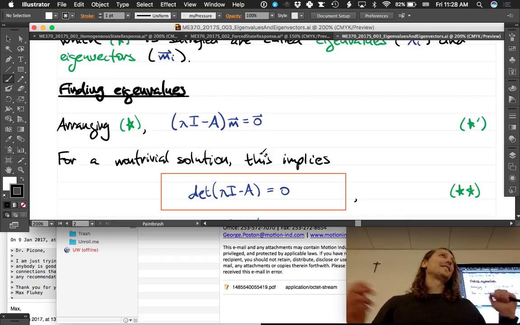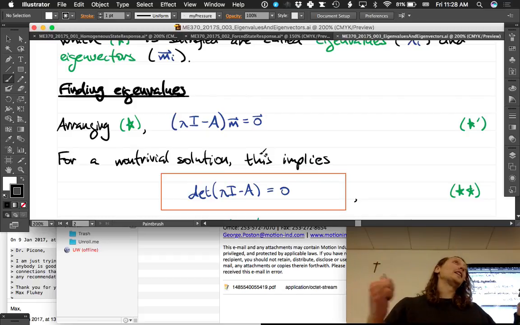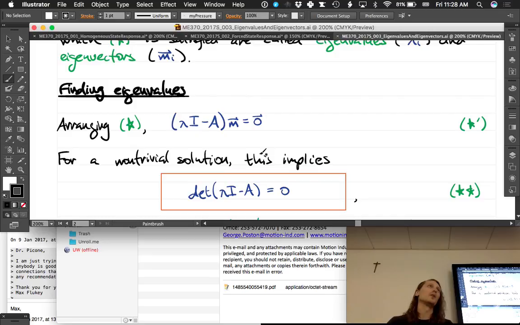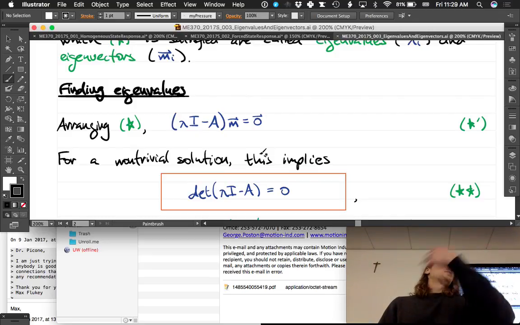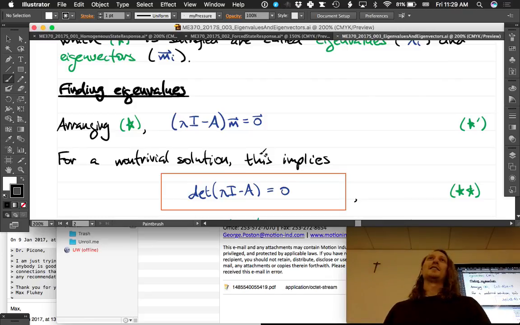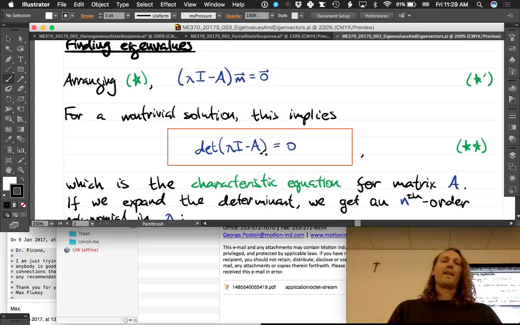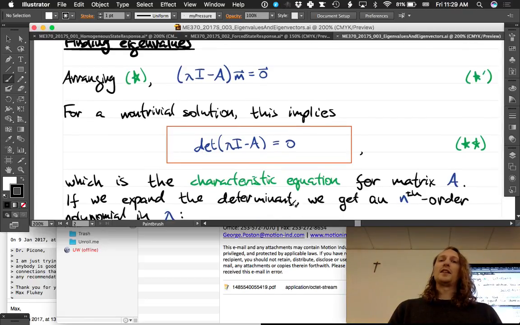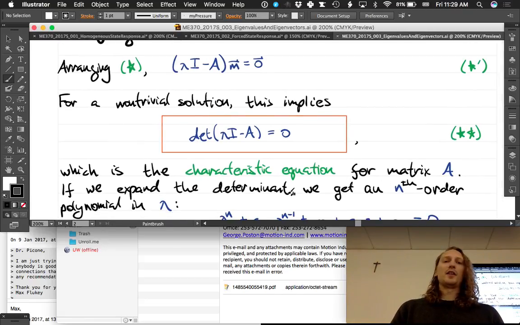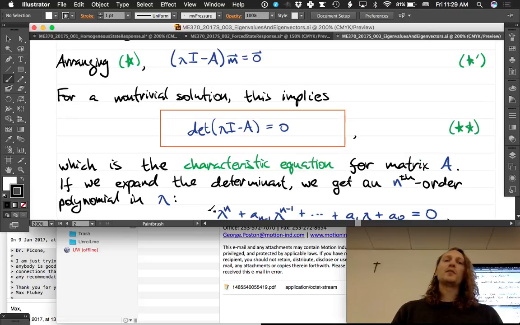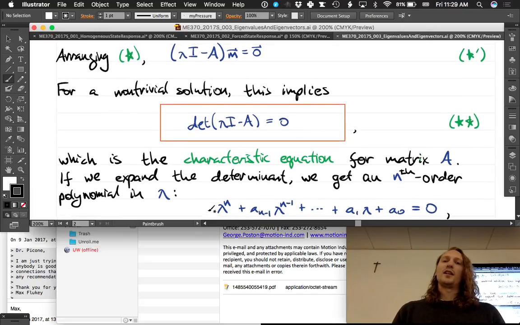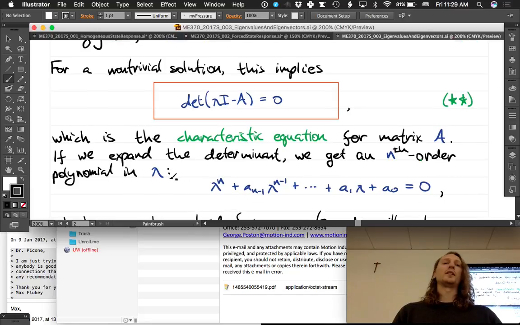Yeah, exactly. So they're equivalent, and this is one of a few equivalencies. We're going to be finding the determinant of lambda I minus A equals 0 a lot. That comes up in a bunch of different areas, and this is one of them. So this is the characteristic equation for the A matrix. If we expand the determinant, we get an nth order polynomial in lambda.